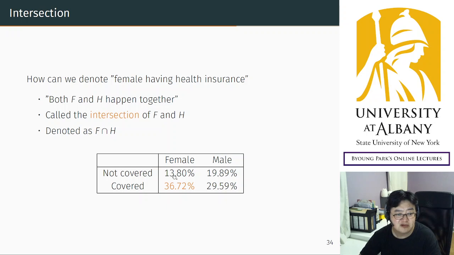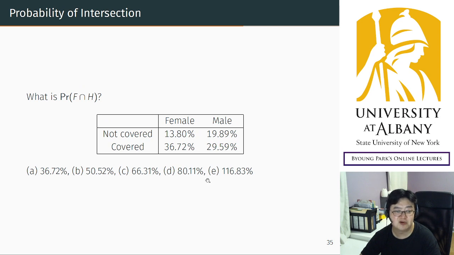For example, the first outcome is not covered, so H is not satisfied. And here, 29.95% of people do not satisfy the condition F. So there is only one among four outcomes that satisfies both conditions. That is the intersection. So its probability is even simpler.